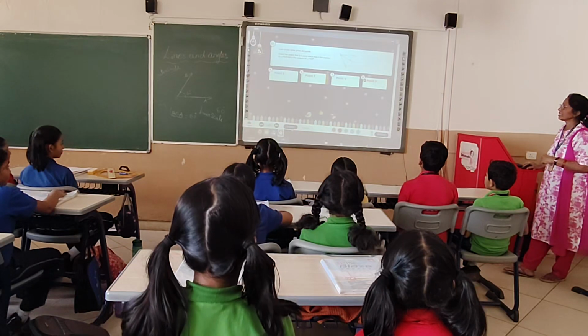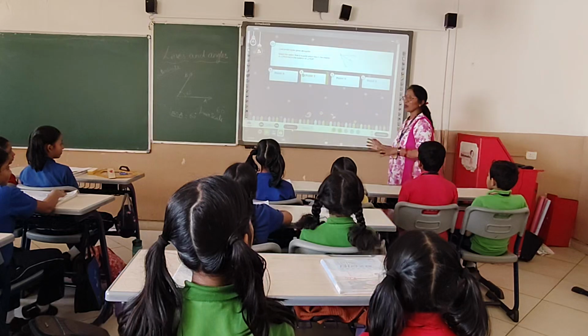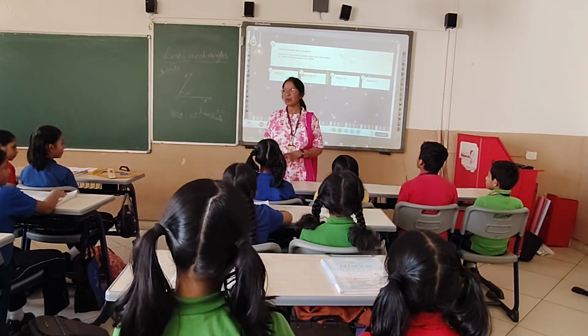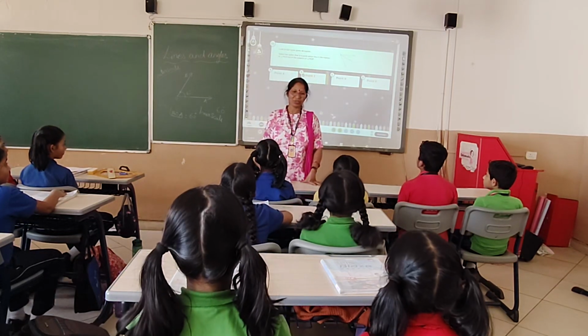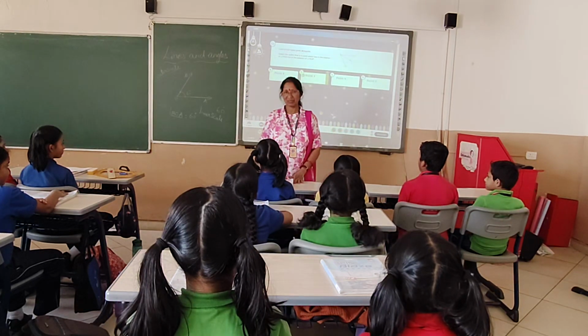Point P. So with this you are going to construct angles. First try to draw the angles with the protractor and then you are going to learn further the interior and exterior of angles. Okay.